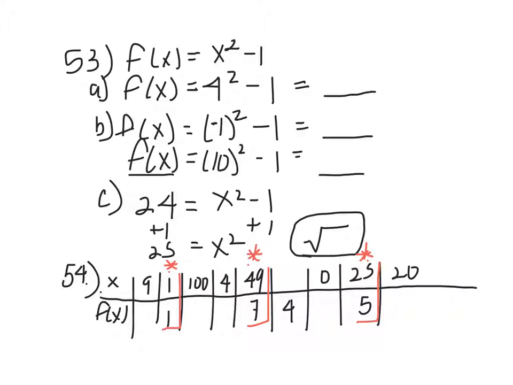For instance, what am I going to do to 25 to make it equal 5? Or how about over here? What do I have to do to 49 to make it equal 7? Do you know?